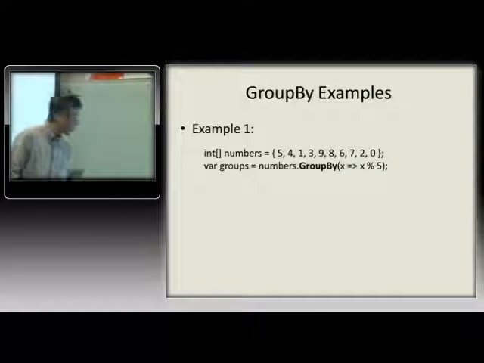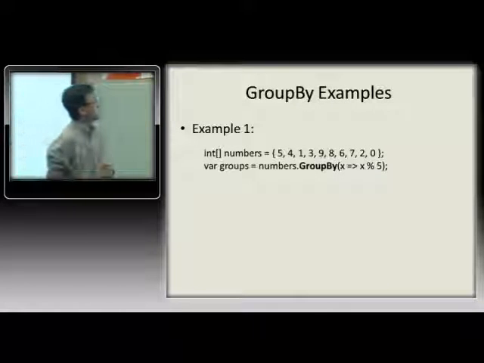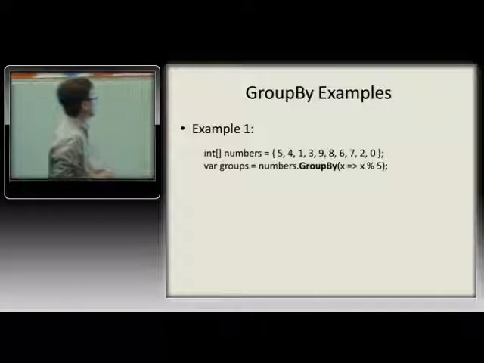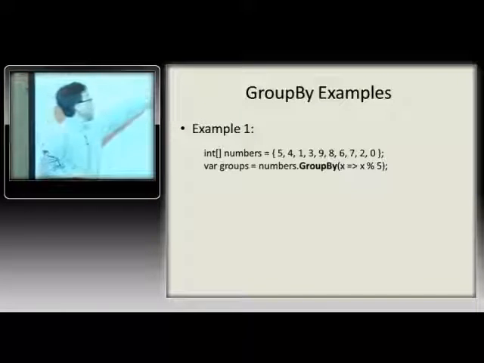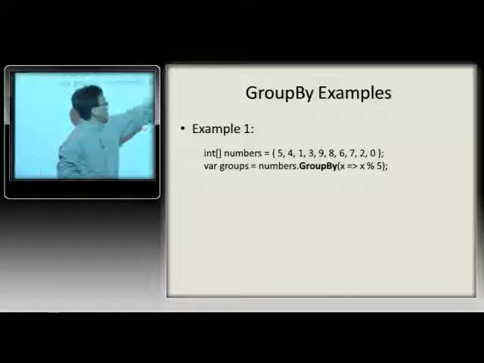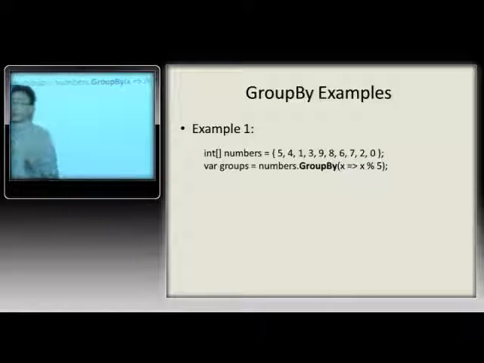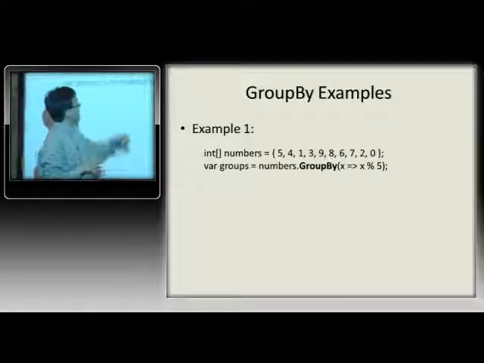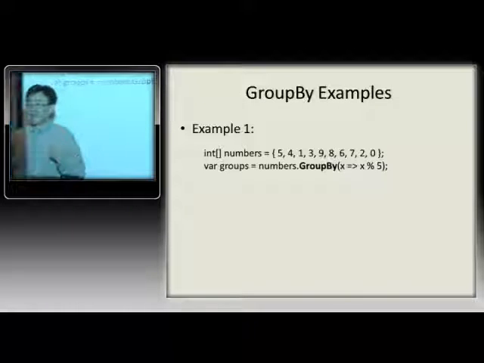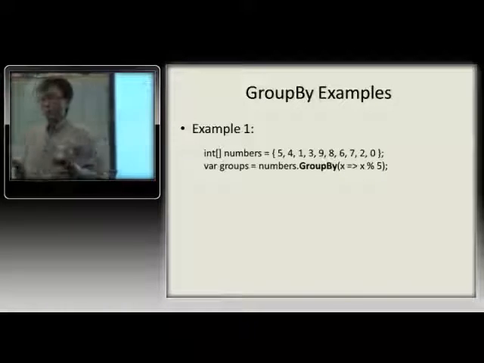Let's take a quick look at some examples. Suppose I have a collection of integers. I can say numbers.GroupBy and form the groups based on the remainder of the integers. That means all the numbers with the same remainder would be in the same group.